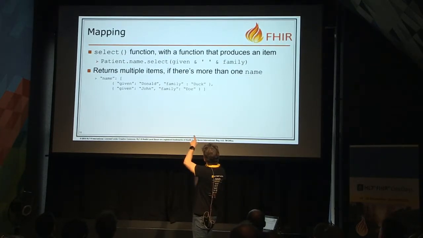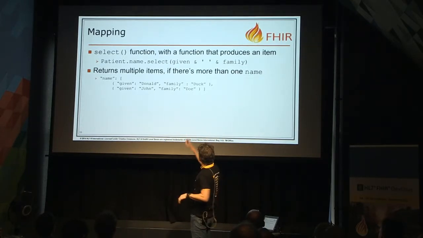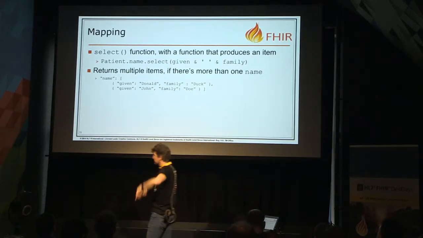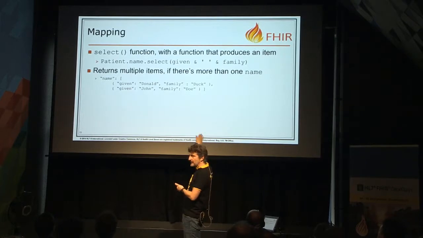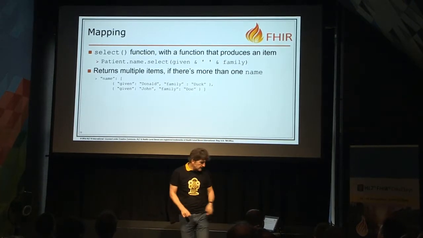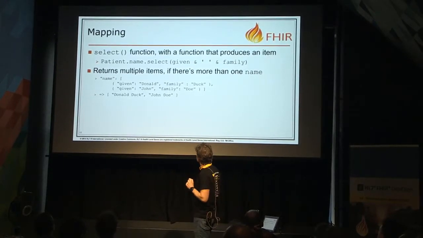And for each name, run that bit of FHIRPath code. So for each name, get given and family, concatenate them with a space in between, and return it. So obviously, if name has multiple items, the output is multiple items. If this is my input, then that is my output.